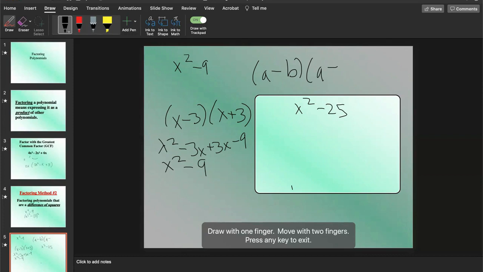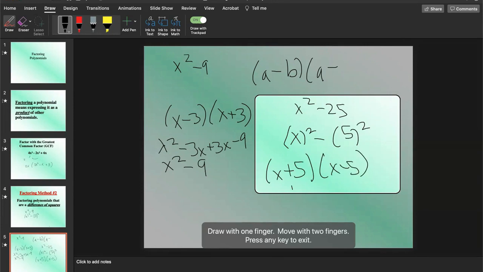First, x is our first term, and our second one is not 25, it's actually going to be 5. So it's the difference of these two squares, and you can factor this into x plus 5 and x minus 5.